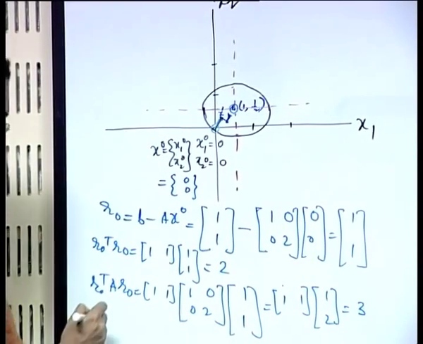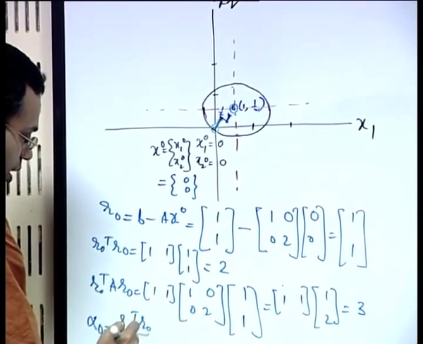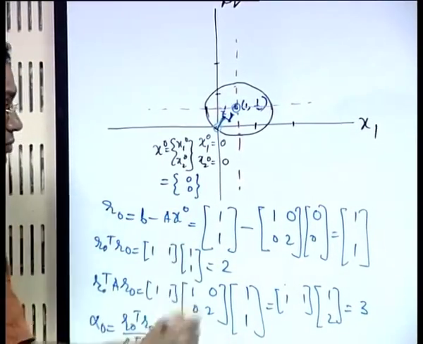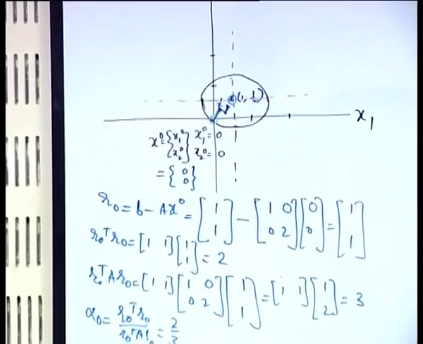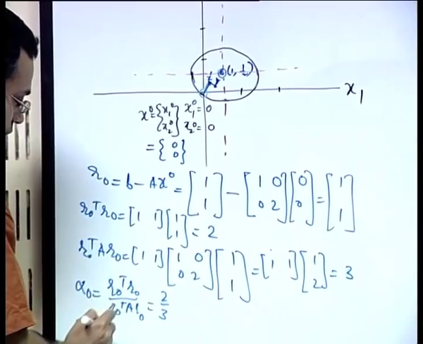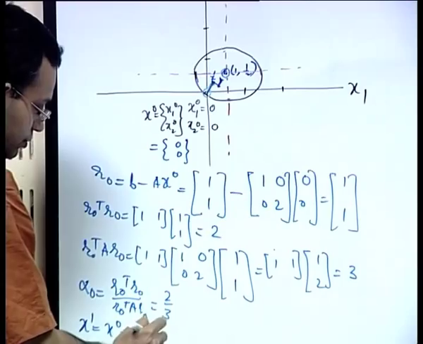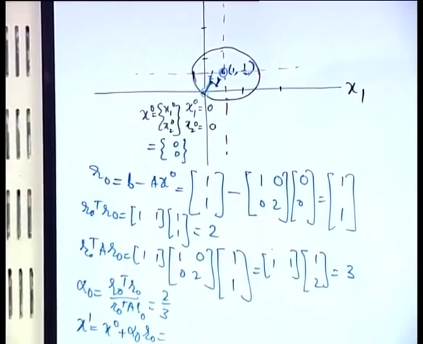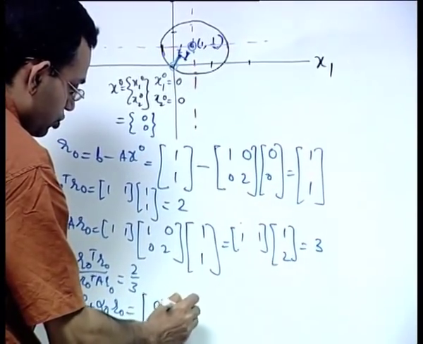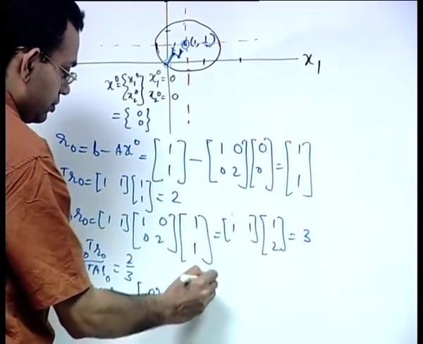So what is alpha 0? r0 transpose r0 by r0 transpose A r0. So that is 2 by 3. So what is x1? It is equal to x0 plus alpha 0 r0. So that is 0 0 plus 2 by 3 into r0, which is 1 1.